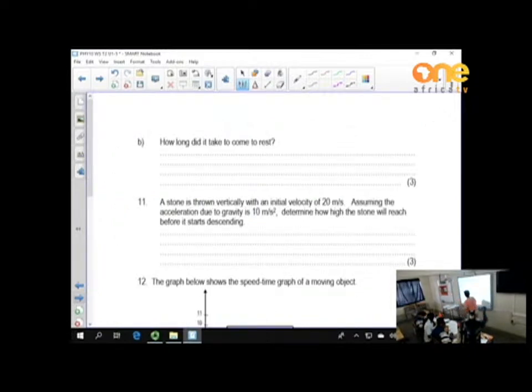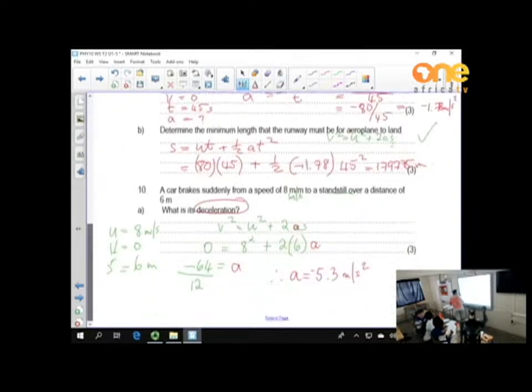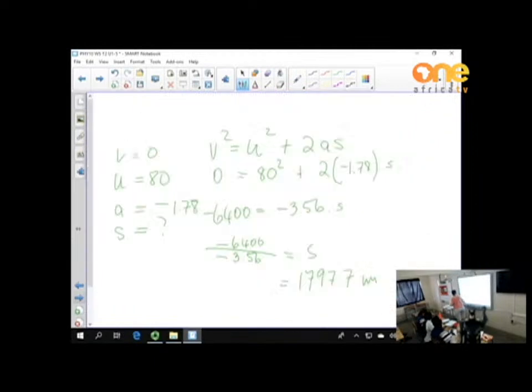Okay, how long did it take to come to rest? Now we are looking for time. We've got initial velocity, we said, is equal to 8. Final velocity was 0. Distance was 6, and we worked out acceleration to be? What was our minus 5.333.